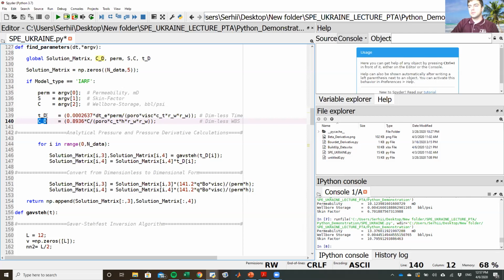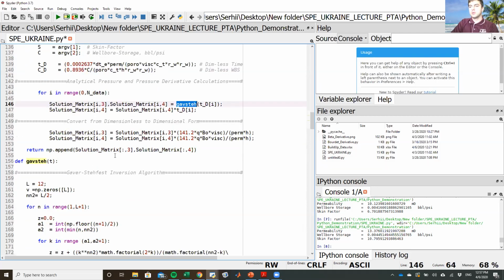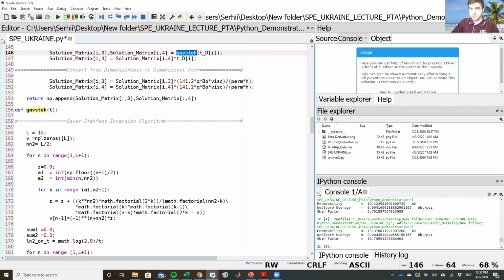After we did that, we start with our analytical pressure and pressure derivative calculations. So we have to call our Gaver-Stehfest algorithm. As was discussed previously, this algorithm can be used in order to invert your solution from Laplace space to real space.